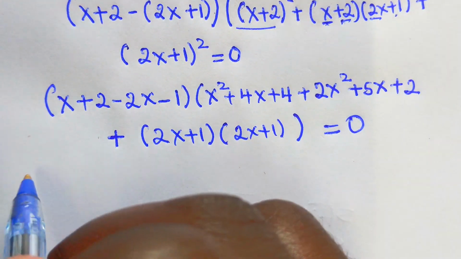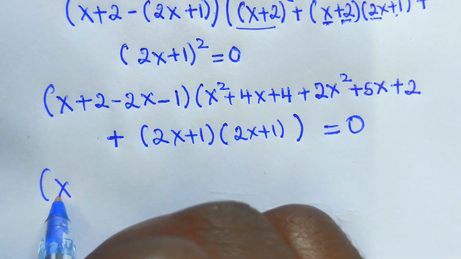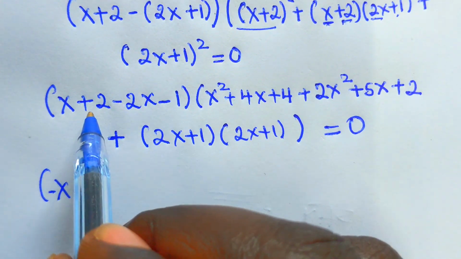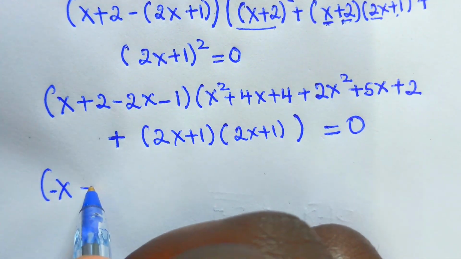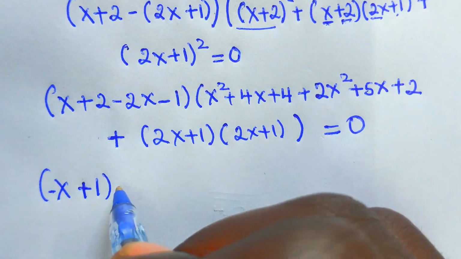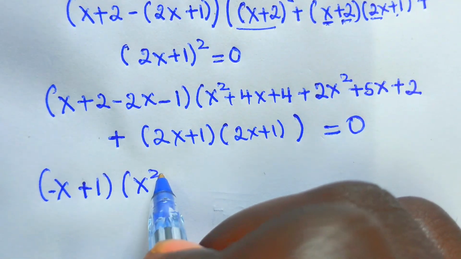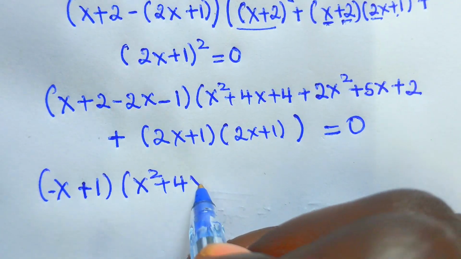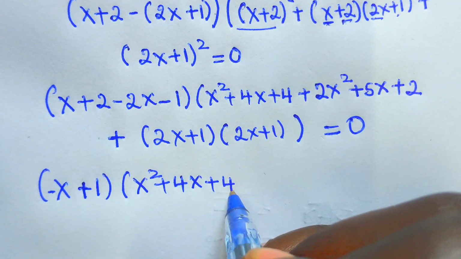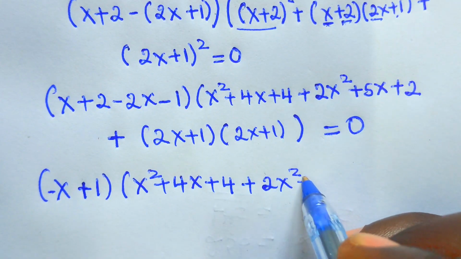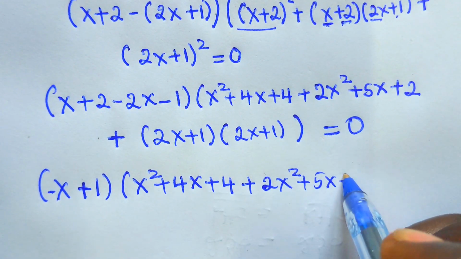So of course here we shall get negative x, and of course here we shall get plus 1, and open a bracket: x^2 + 4x + 4 + 2x^2 + 5x + 2.